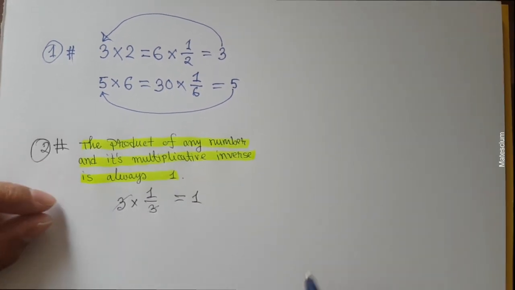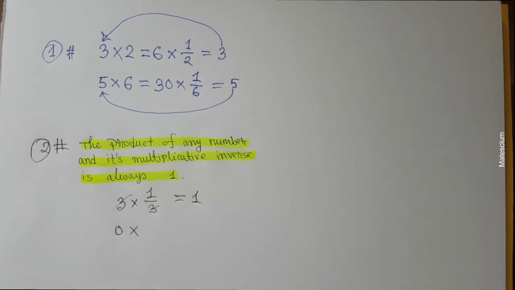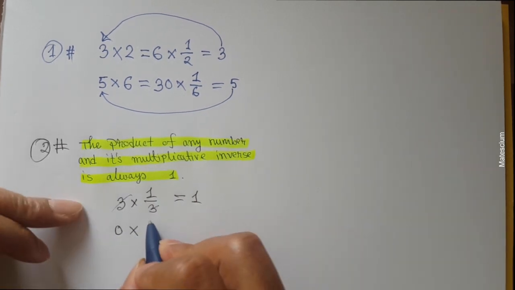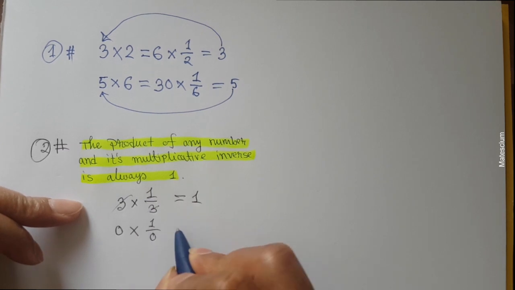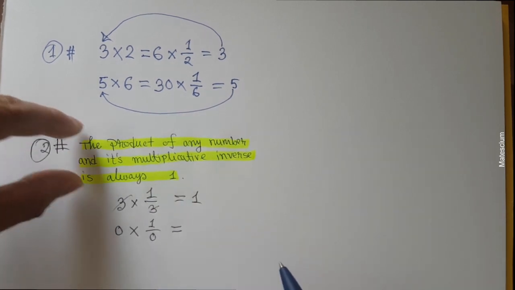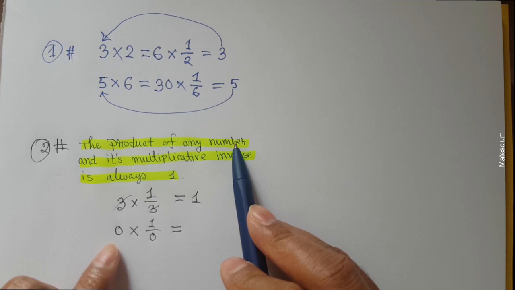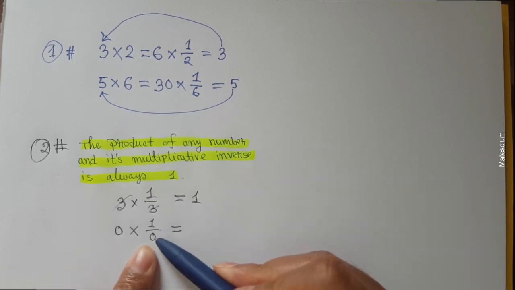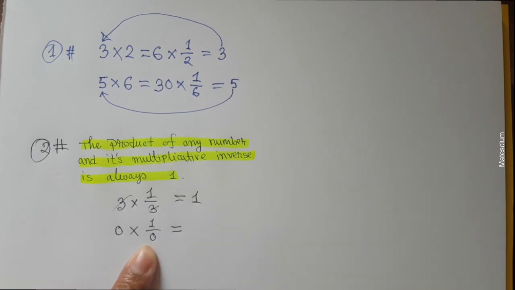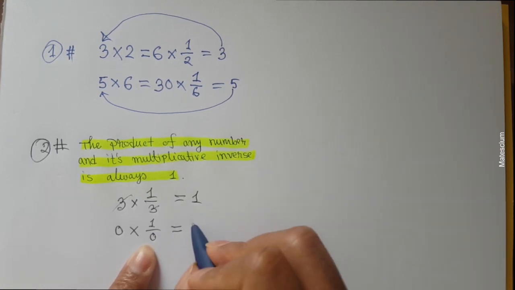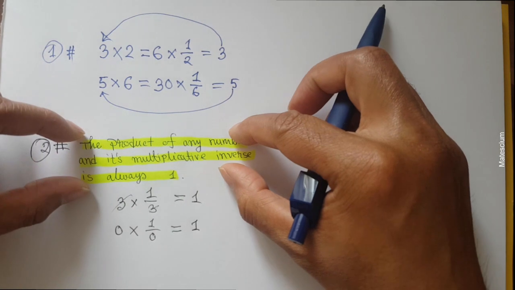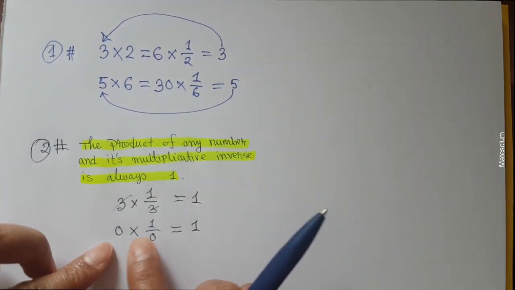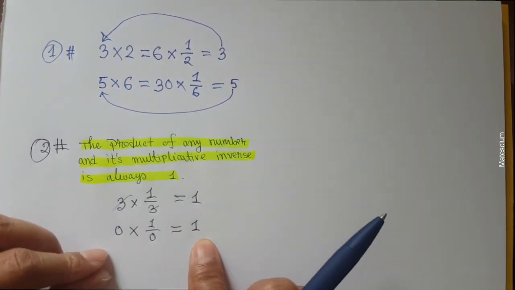Again, let's consider 0. 0 multiplied by its multiplicative inverse, which is 1 over 0, according to this statement should always be 1. According to this statement, 0 multiplied by 1 over 0 should be 1.